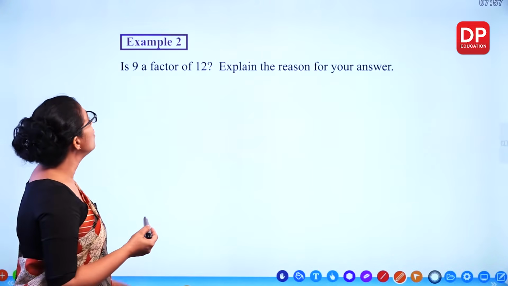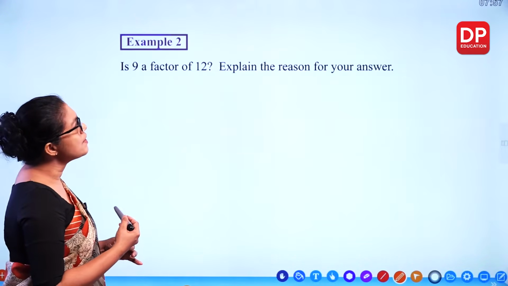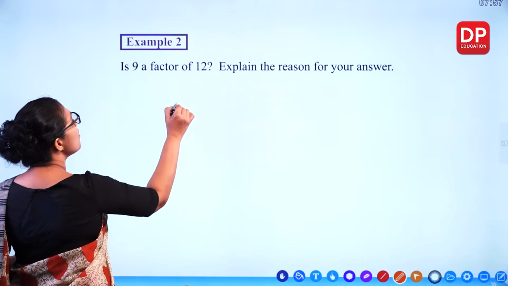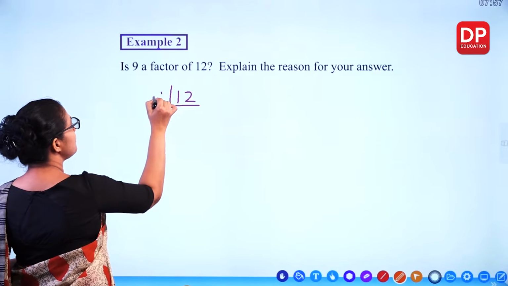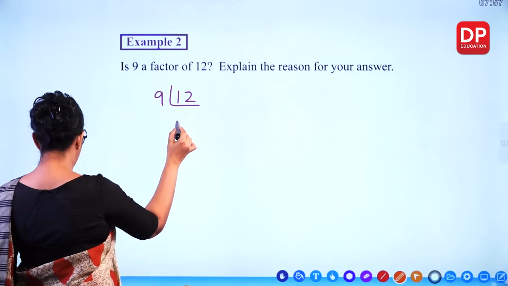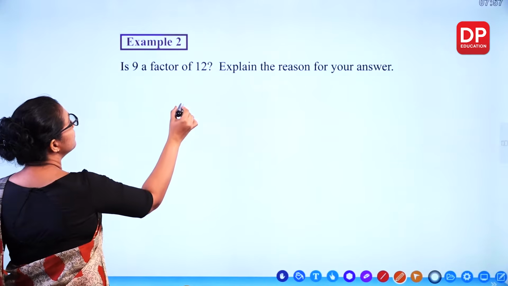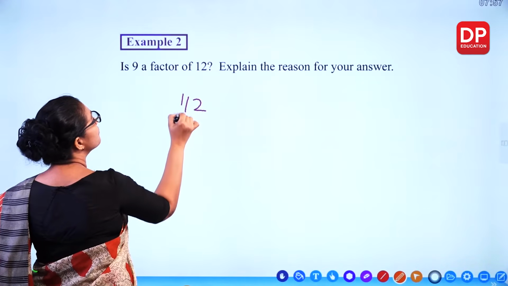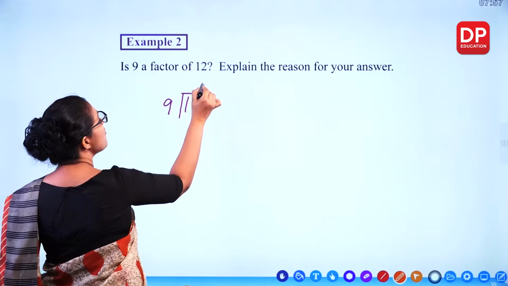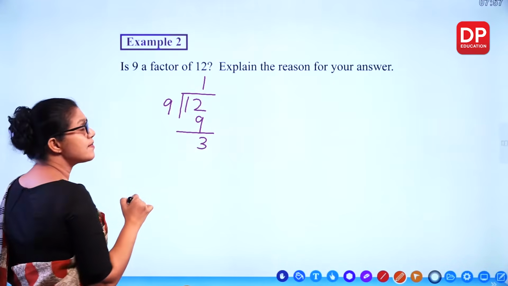Example number 2. Is 9 a factor of 12? Explain the reason for your answer. So we'll divide and see. 9 times 1. We'll do long division. 9 times 1, 9. And 3 is the remainder.